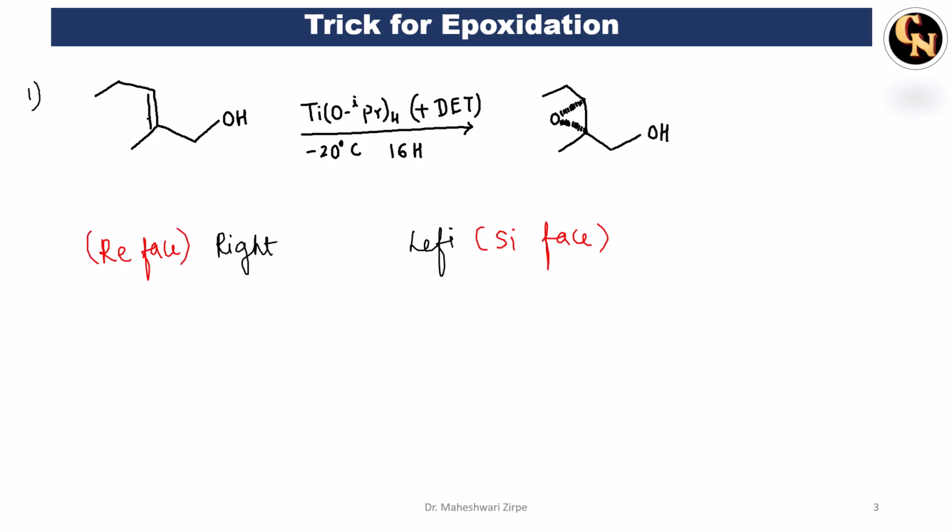So now what is the trick? What you are going to do is take the starting material and try to turn it in this way, that is, anticlockwise, by 90 degrees. Let the OH come vertical, okay, it should come vertical but at the top.